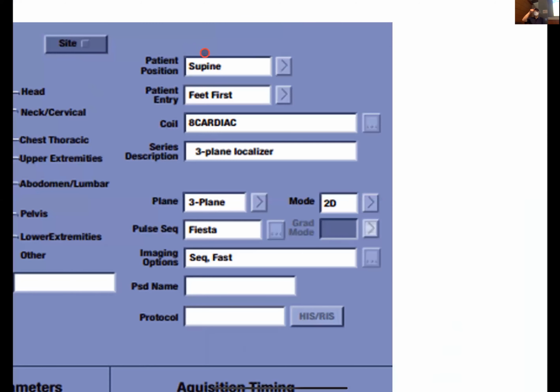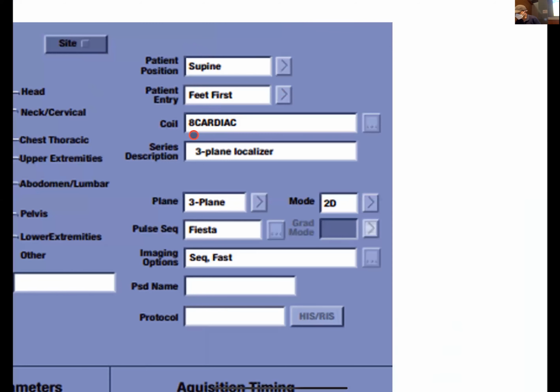And interestingly enough, their feet first, okay? So generally we put people in head first if we want to image their head or their body, but their feet first, so they're probably gonna image their knee on this one, okay? And the coil, oh no, maybe not. It's an 8-channel cardiac coil, so I'm not sure why they're feet first.